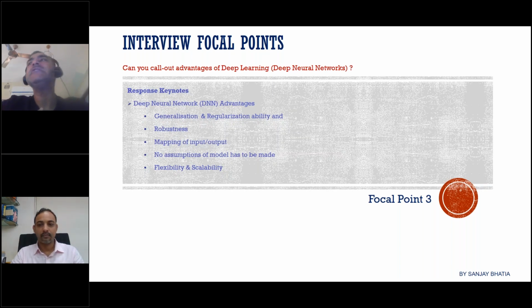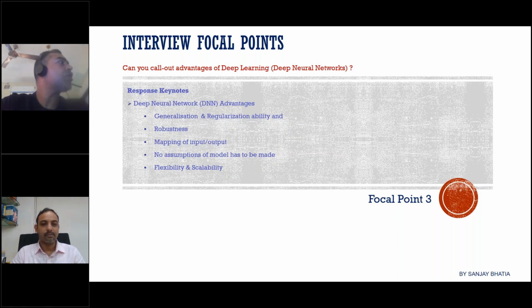What do we mean by generalization or regularization ability? Once it learns a function, you can change the data. You can deploy that neural network algorithm on any data set, an entirely different data set, or a change in the existing data set, and it should ideally produce the same kind of output. So it generalizes very well, it regularizes very well. It's learning from a huge amount of data.